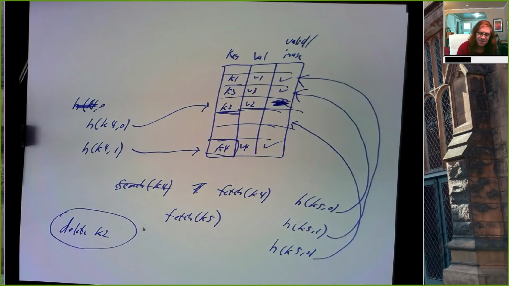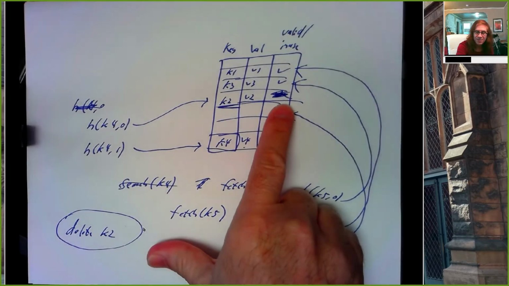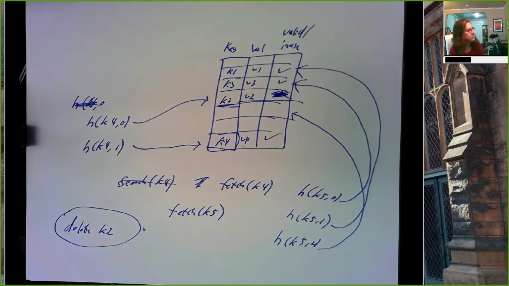And yeah, if we say it's not in use anymore, now if we search for K2, it'll map, but it won't see it as valid, and it'll say, nope, it's not in the table. But we've set up an issue that will kick in down the road. I'll tell you in a minute if you don't come up with it.